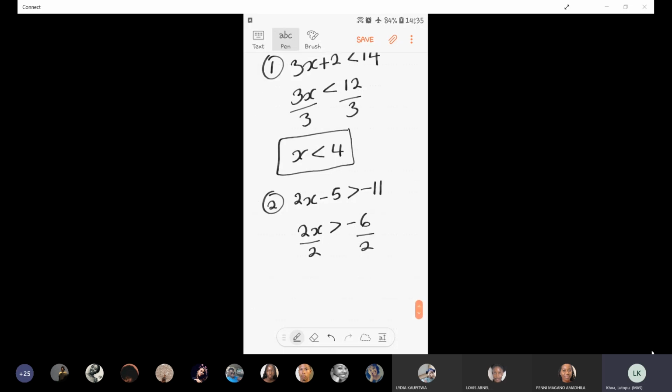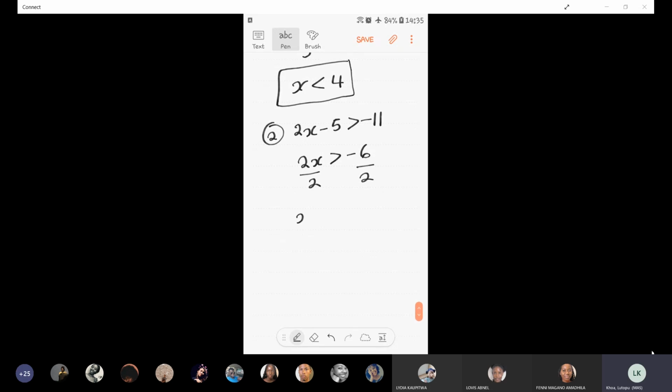And again, the inequality does not change direction because I am dividing by a positive number. So that is what I have, and I need to combine them. So I'm looking for a number that is less than 4 as well as greater than minus 3. So I can represent this on a number line.